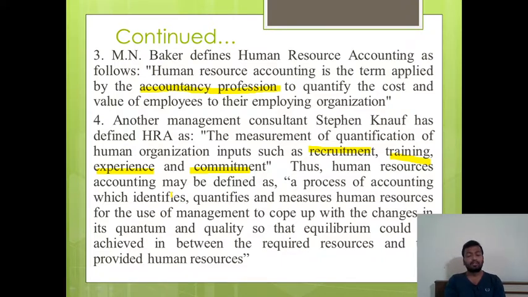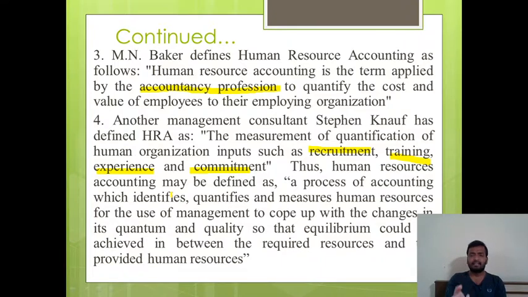Thus, human resource accounting may be defined as a process of accounting which identifies, quantifies and measures human resources for the use of management to cope up with the changes in its quantum and quality, so that equilibrium could be achieved between the required resources and the provided human resources. In short, what is human resource accounting?